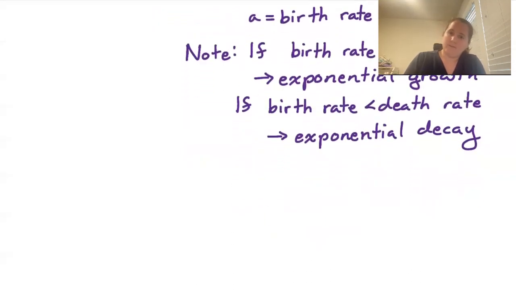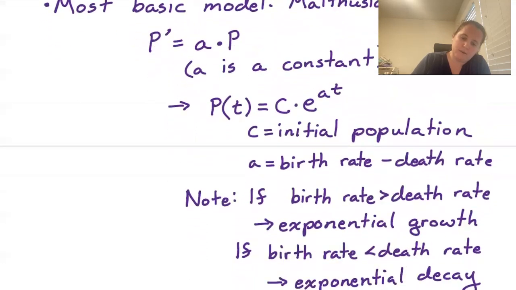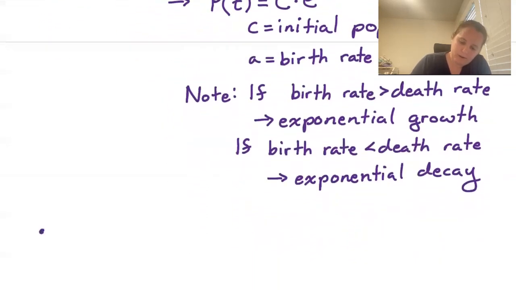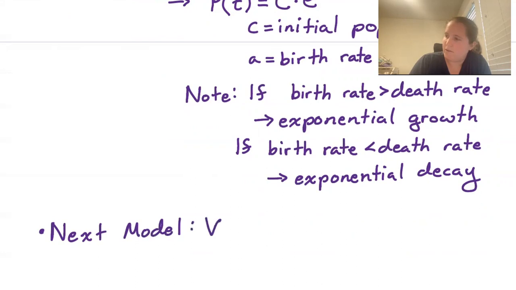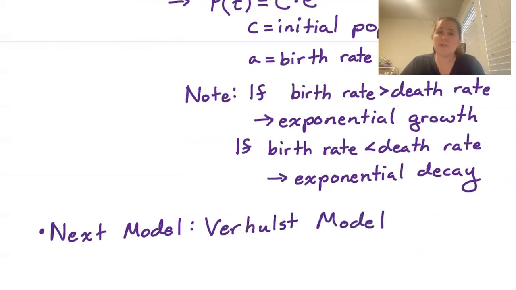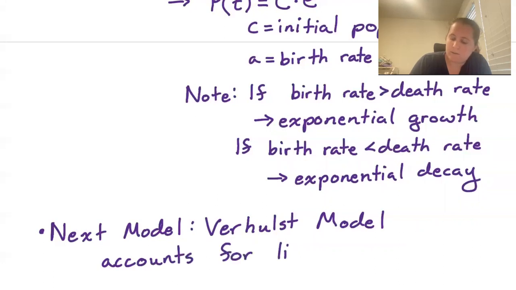So our next model is called the Verhulst model. And the Verhulst model essentially accounts for limited resources.